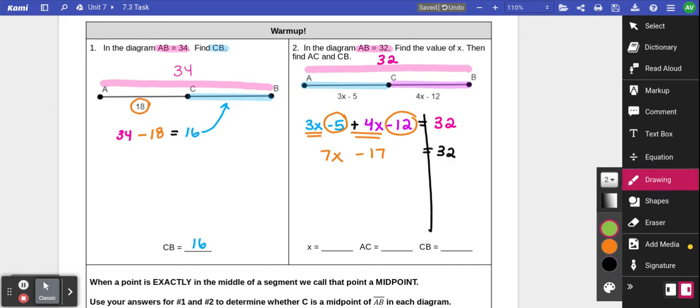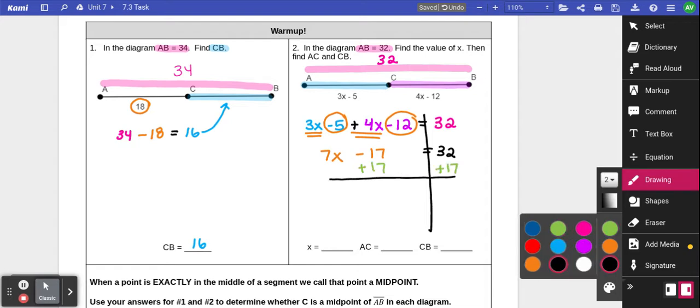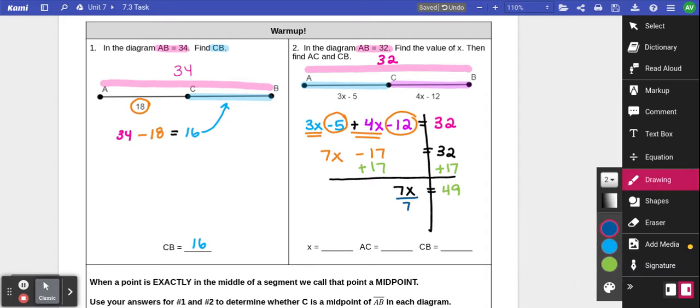Next, I'm going to go ahead and add 17 on both sides of this equation. And so we get 7x equals 32 plus 17 is 49. And then we can go ahead and we can divide. So if we divide by 7 on both sides of this equation, we end up getting x equals 7. So now we know x is 7.